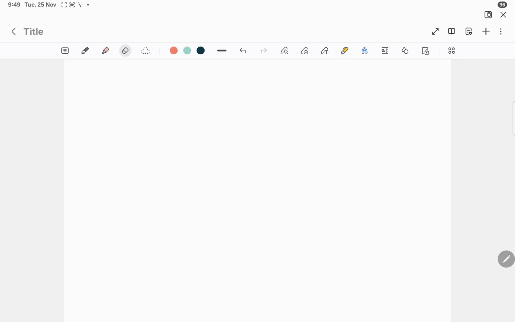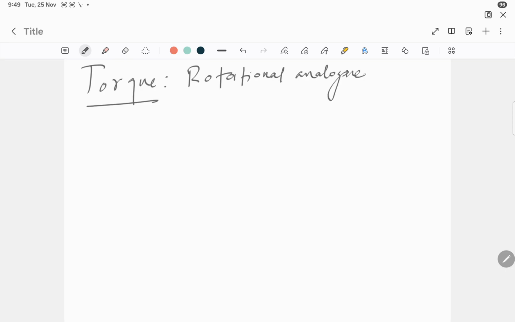So I'm going to introduce torque. It is called the rotational analog of force. So why is it called so?